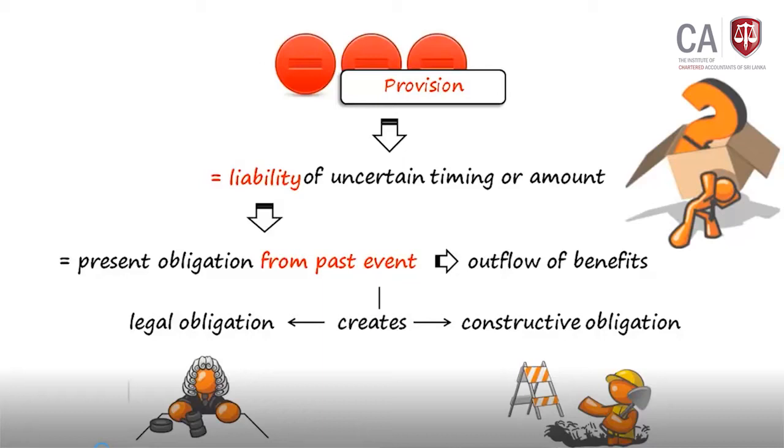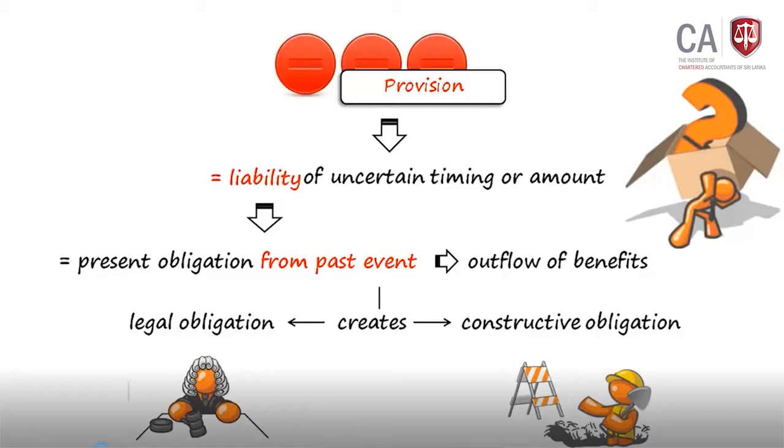And the amount. When you purchase, let's say 1,000 worth of goods, your amount is what? 1,000. The liability is 1,000. Therefore, when it comes to a liability, timing and amount are not uncertain.